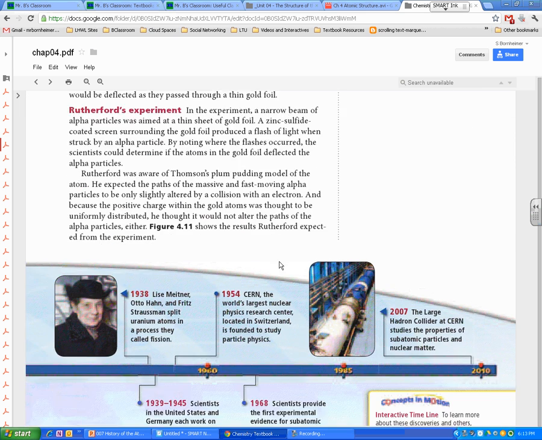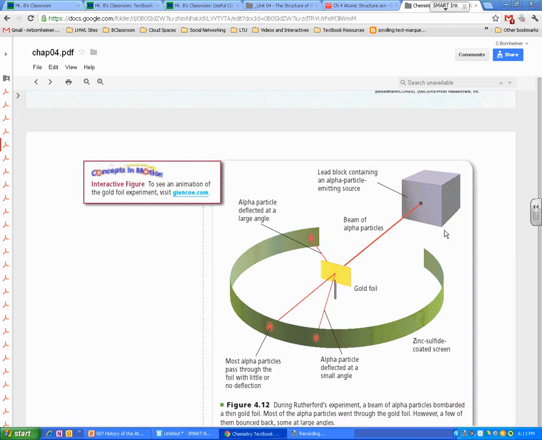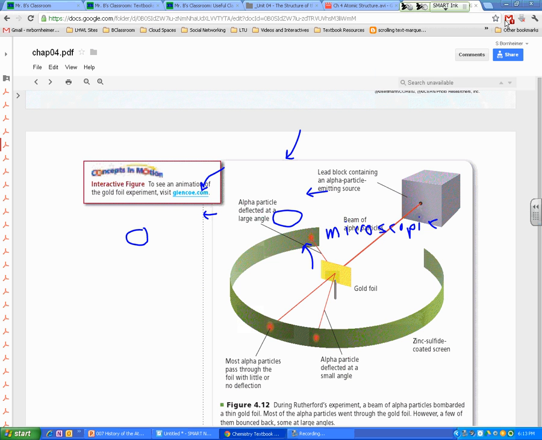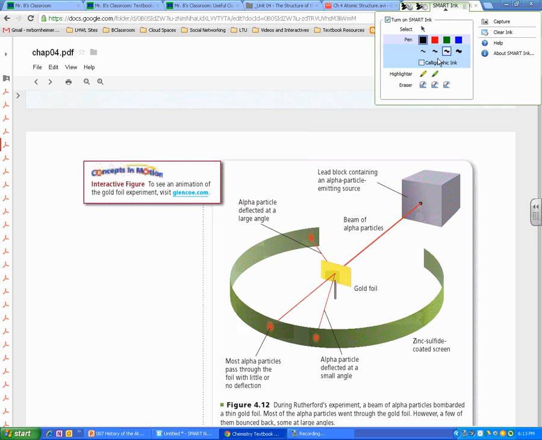But when Ernest shot this alpha beam through the gold foil, as we can see here, some of the particles behaved like he thought they would. Minor deflection here, straight through, but then some shot way back. And it's this one right here. I'm going to highlight it because it's that important. Okay, I've got to clear this ink.